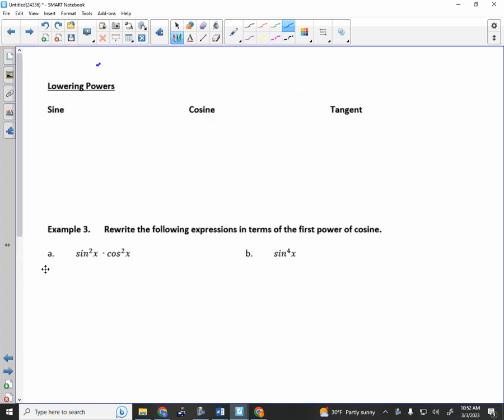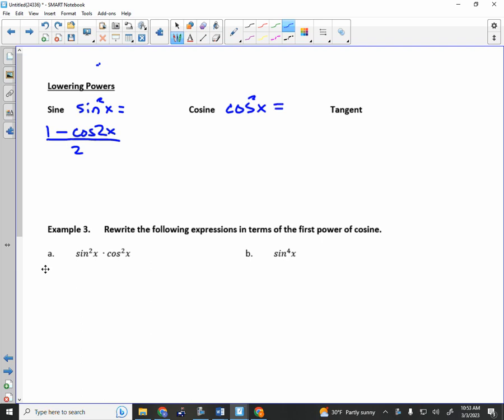So lowering powers formulas. Sine squared of x turns out to be 1 minus cosine of 2x over 2. And I'm not going to take the time to show all the formulas or to prove them all to you. I'm just going to write them down. I'm assuming that once you've seen one, you trust that I can show you all of them.